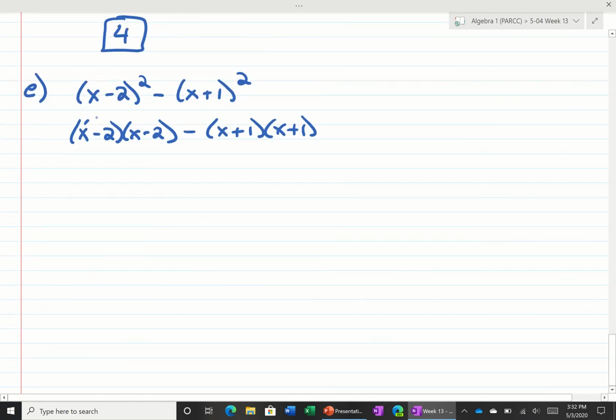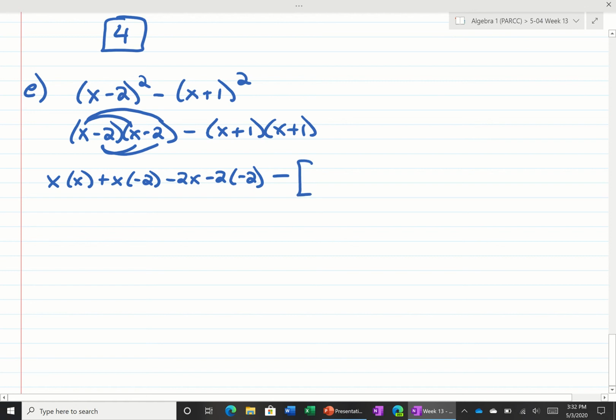We'll multiply our first terms together, our outer terms together, our inner terms together, and then our last terms together. We'll put a negative, and we'll put brackets so that we know to distribute this negative into whatever this whole thing turns into.